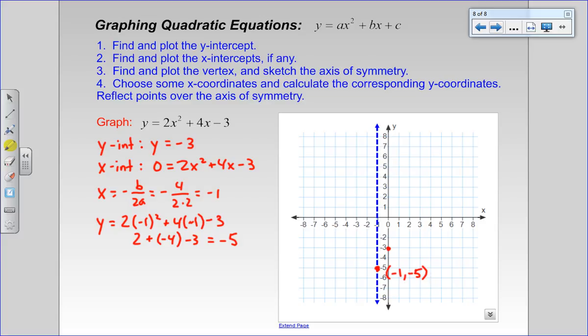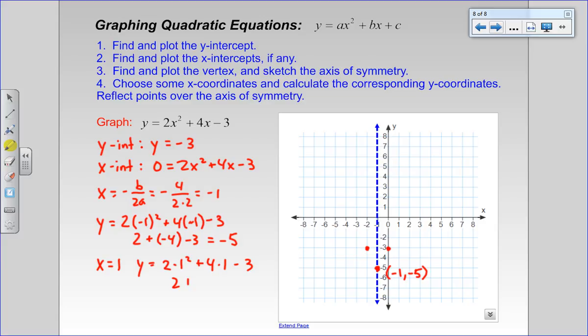Now we can obtain a third point that's on the parabola simply by reflecting the y-intercept over the axis of symmetry to the point negative 2, negative 3. But it would still be helpful to have two more points to complete this graph accurately. So let's choose another value for x, such as x equals 1, and we can calculate the value of y from the equation. 2 times 1 squared plus 4 times 1 minus 3.